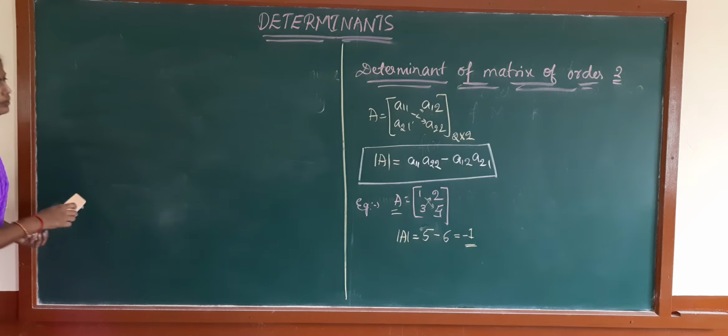So it is a matrix of order 3 × 3. What is the order of this matrix? It is 3. What do we have to do with this? We have to find the determinant. So we have to find the determinant of this. So that is determinant of A equal to.